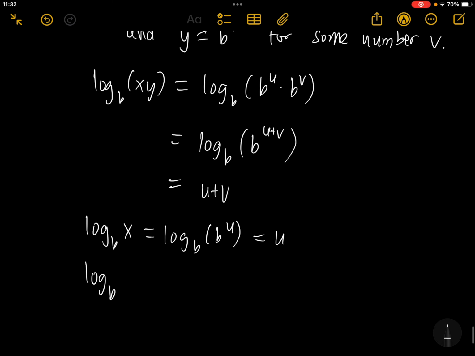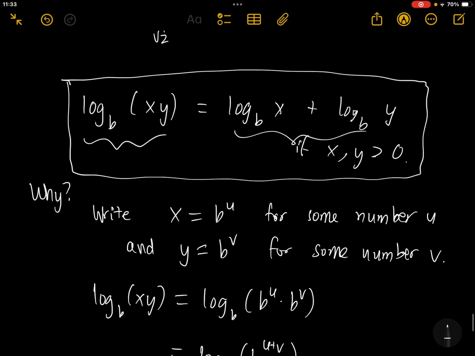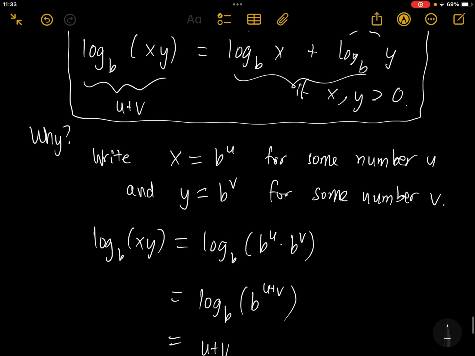And log sub b of y is log sub b of b to the v, and that's v. So the right-hand side is just u plus v. And we already found that the left-hand side is u plus v. Therefore, they're the same, right? And that is the explanation of why this is true. So log sub b of xy equals log sub b of x plus log sub b of y.